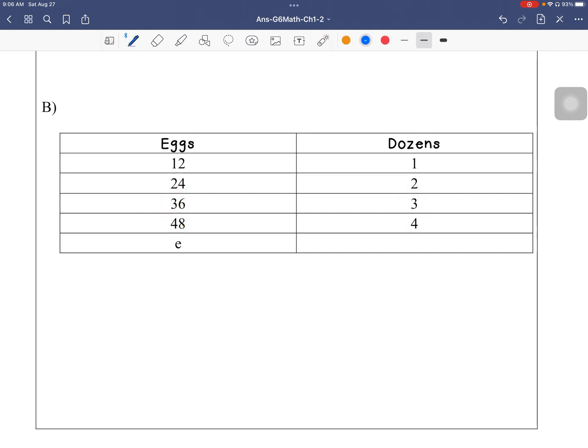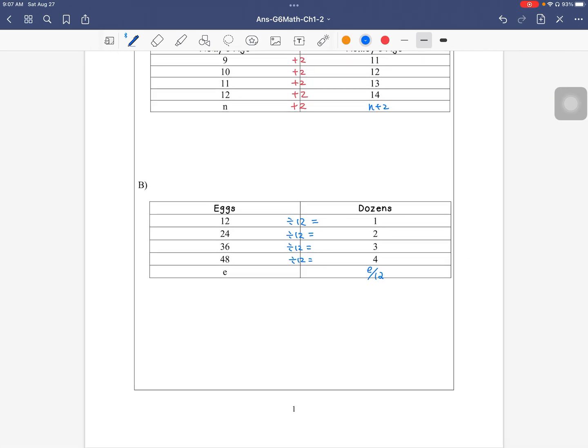And if I have E number of eggs, how many dozens will it be? As I know, there are 12 eggs in a dozen, so everything divided by 12 will allow us to count the dozens.